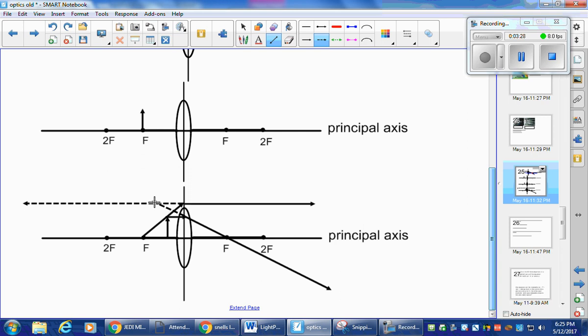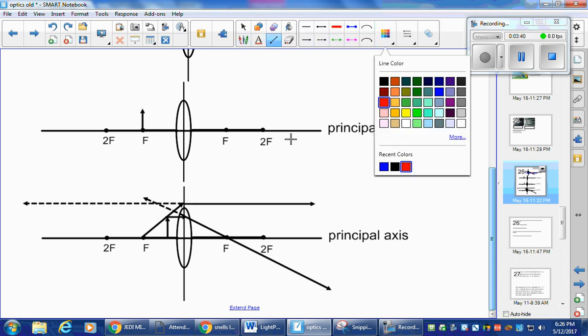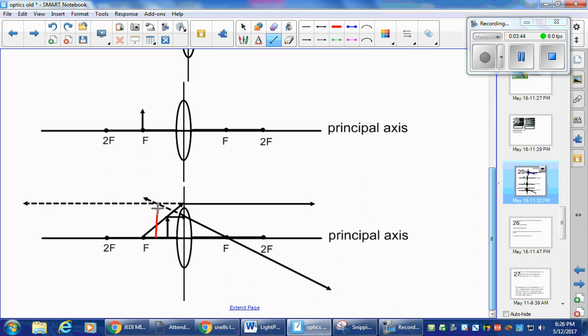Keep the same angle. And there we go. Now where these two guys intersect, my image forms. And look what ends up happening. I end up with an image that is upright and magnified positively, bigger.